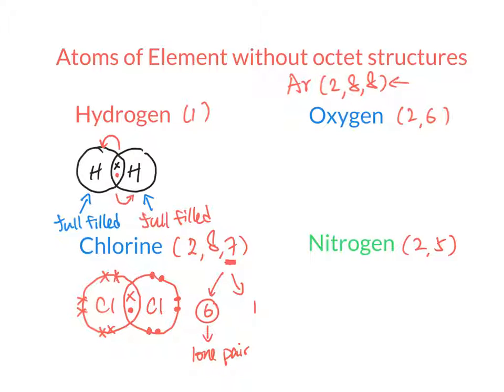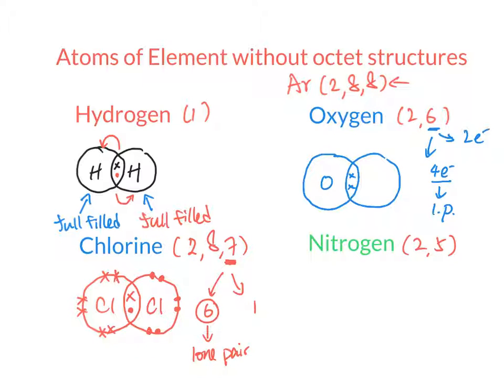For oxygen it is slightly different, because oxygen needs 2 more electrons. So this time the oxygens put 2 electrons in the middle. After that, you still have 4 electrons as lone pairs, so 1, 2, 3, 4, 5, 6 on this side, and the other oxygen has the same on the other side.